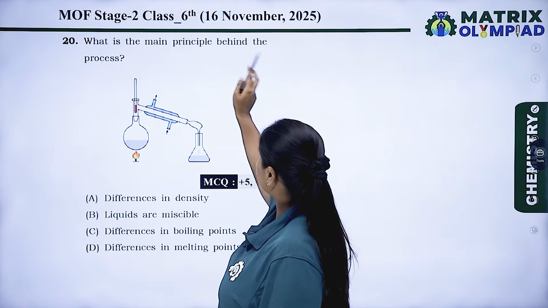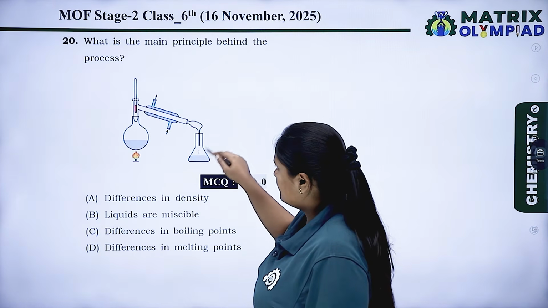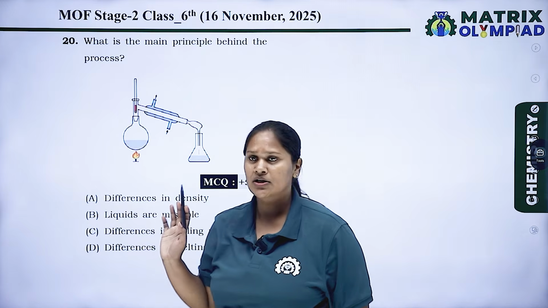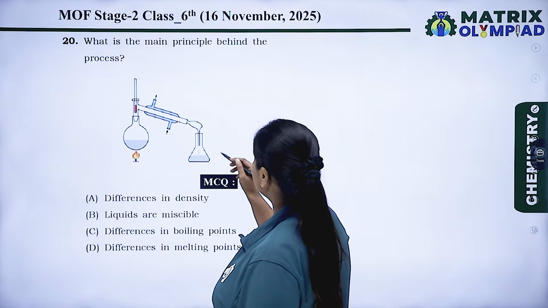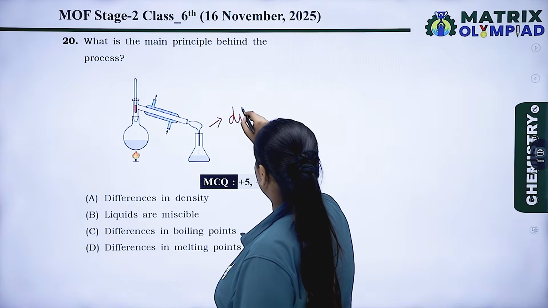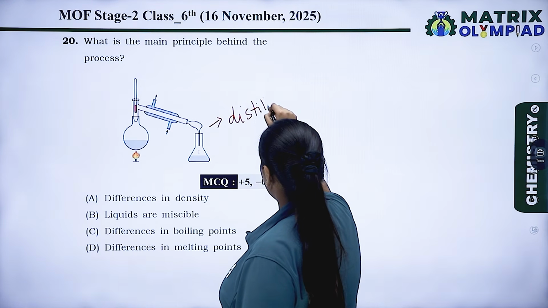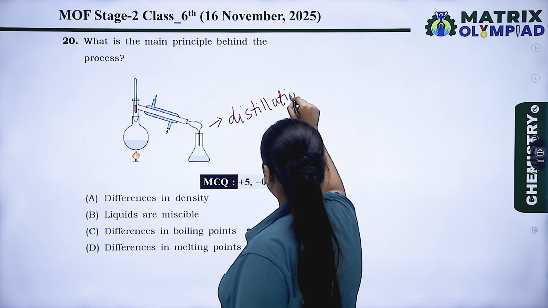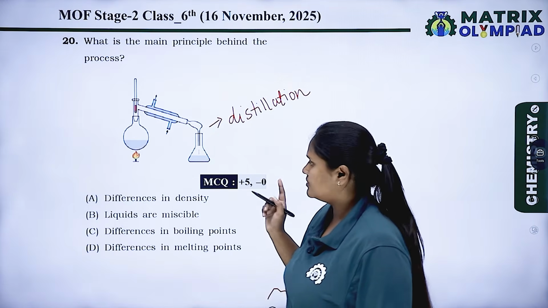What is the main principle behind the process? We have a diagram shown in this question. So first we have to find which process is shown in the diagram. Distillation. This is the diagram of the distillation process.